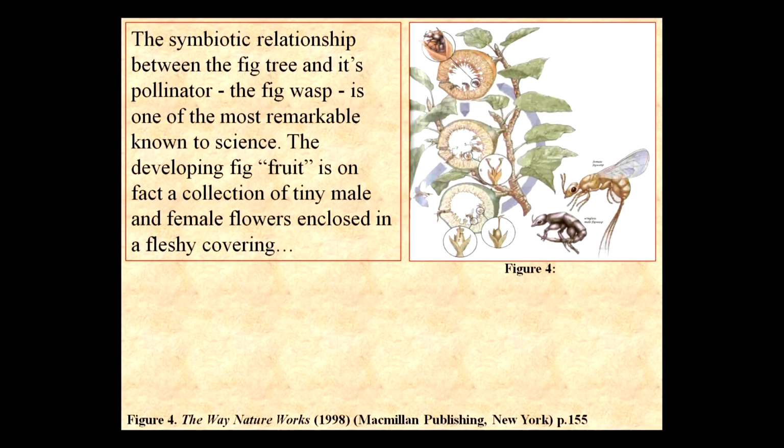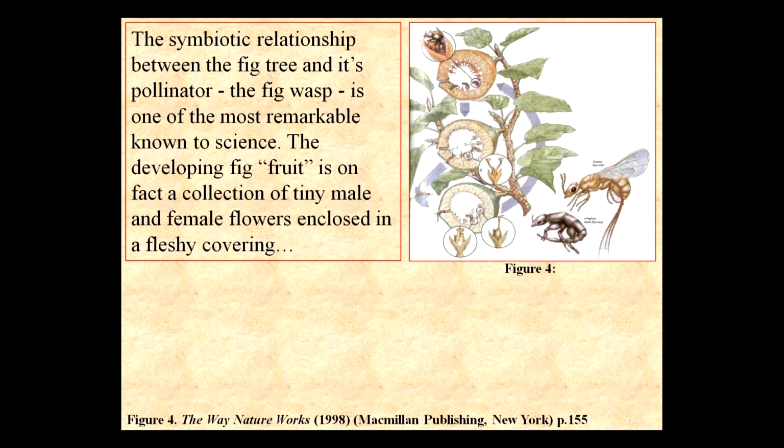Watch closely. The symbiotic, that means mutually beneficial, relationship between the fig tree and its pollinator, the fig wasp, is one of the most remarkable known to science. The developing fig fruit is in fact a collection of just tiny male and female flowers enclosed in a covering.